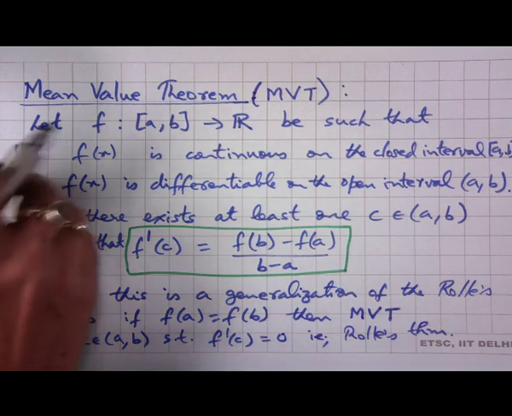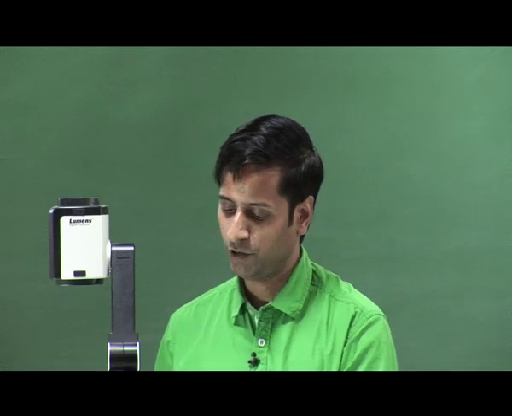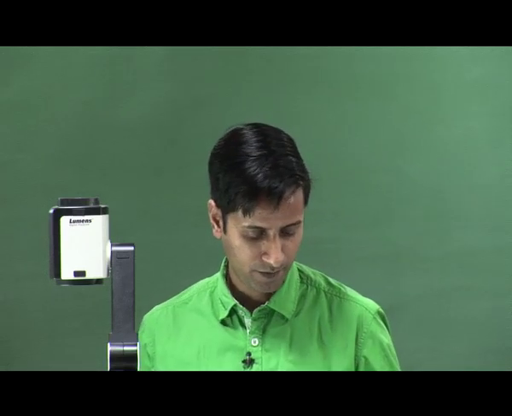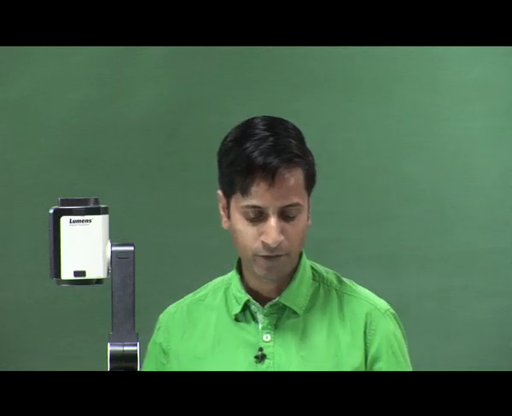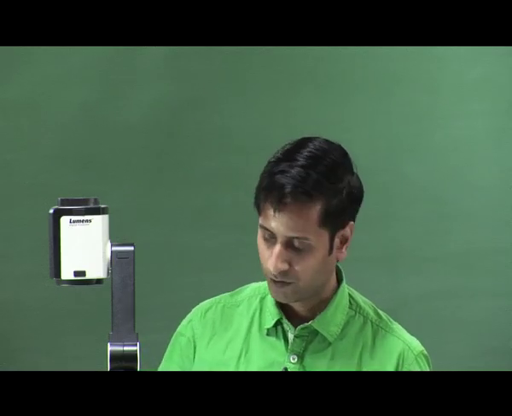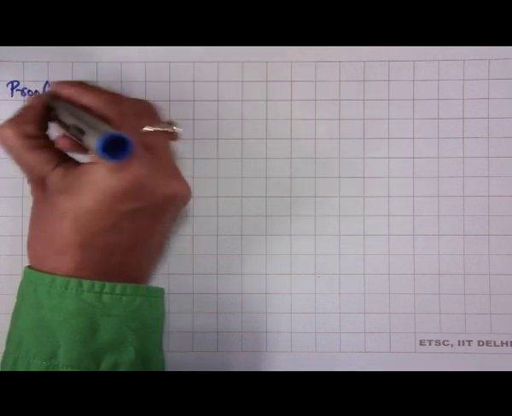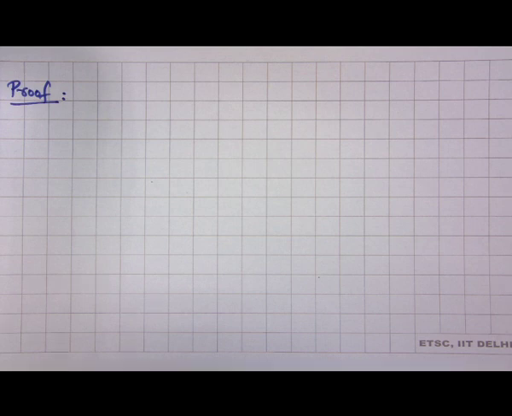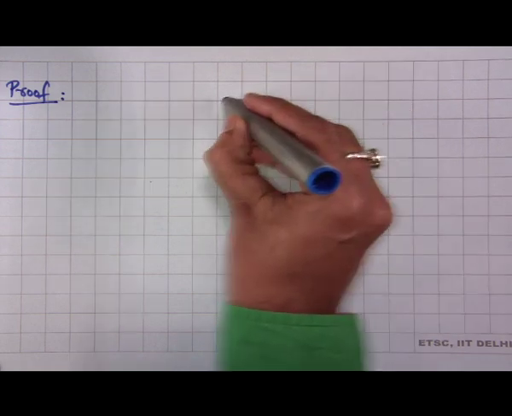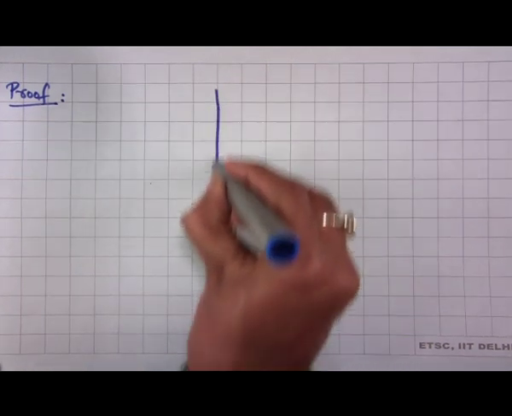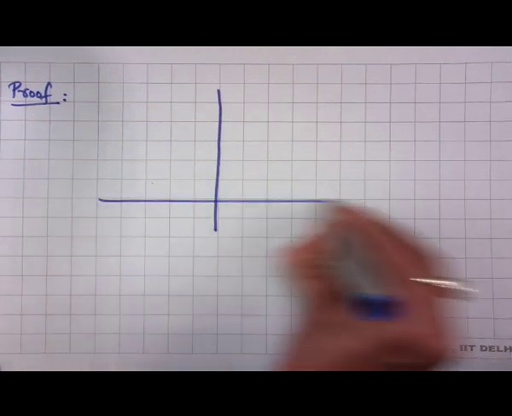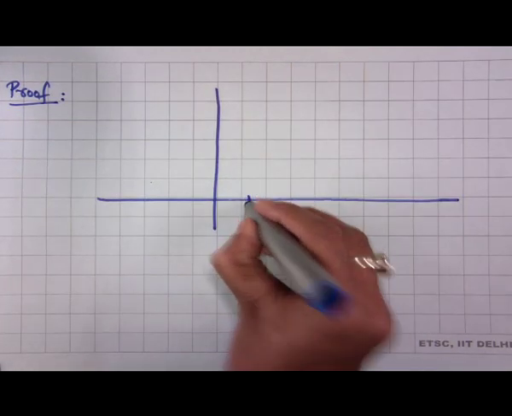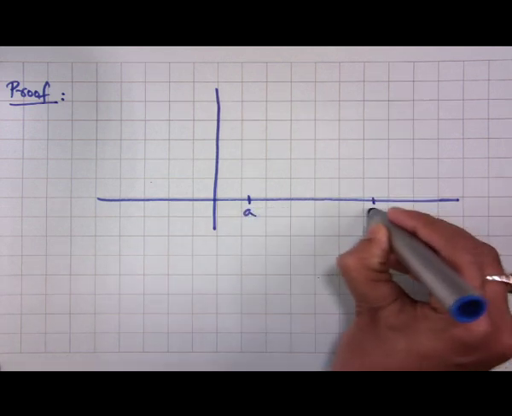So, Rolle's theorem follows from the mean value theorem, but we will prove the mean value theorem using the Rolle's theorem. So, proof. First, let me explain what this theorem says. Suppose we have these points a and b.